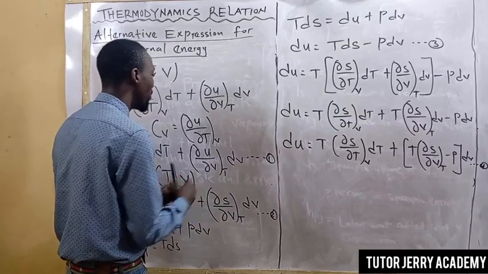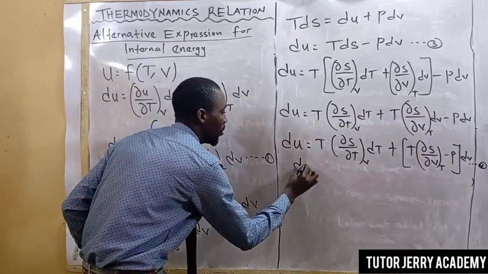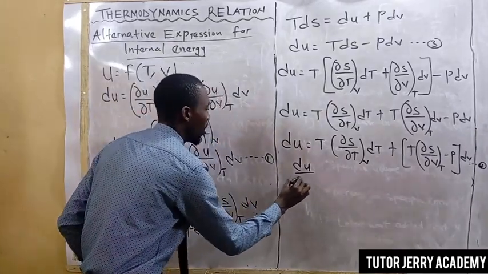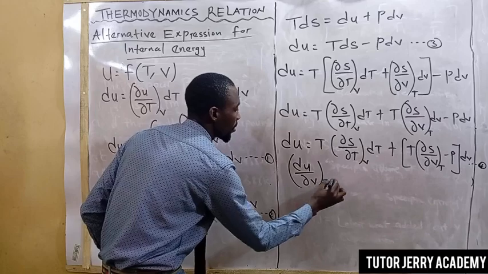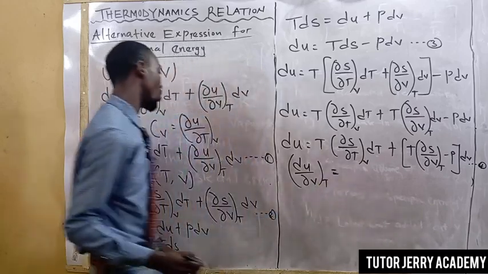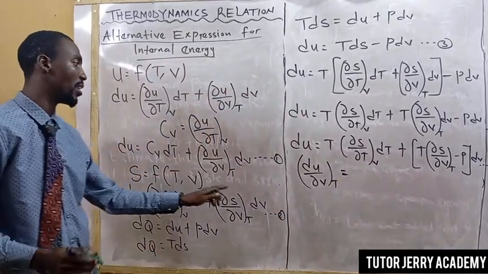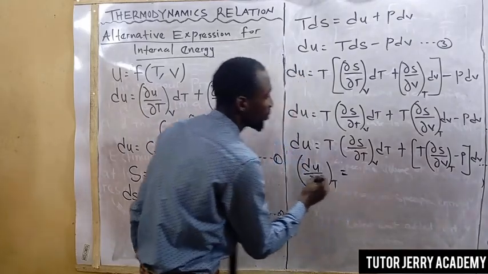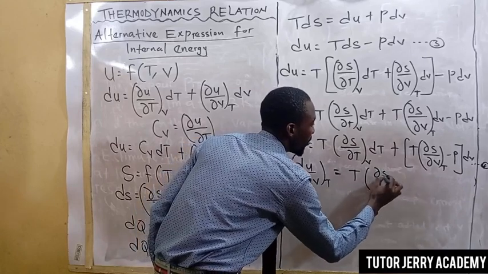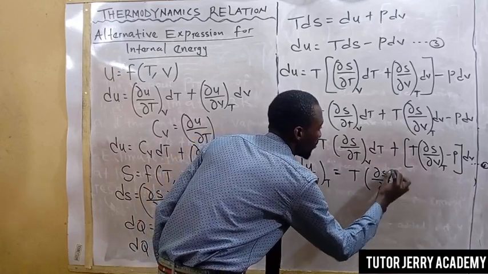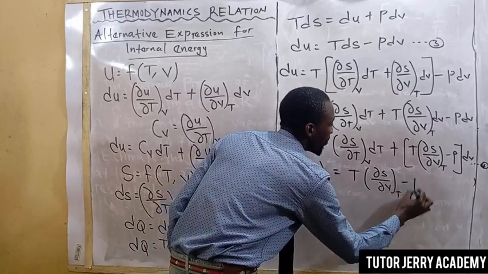So the coefficient of the v here is the partial derivative of u all over the partial derivative of v, keeping t constant, will be equals to, that is the coefficient of the v here, will be equals to t into the partial derivative of s all over the partial derivative of v, keeping t constant, minus what?